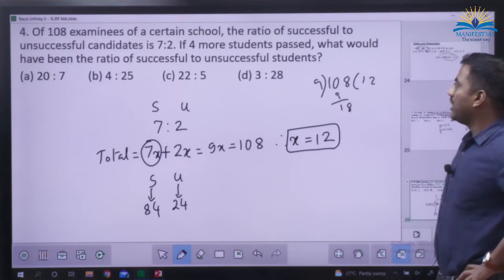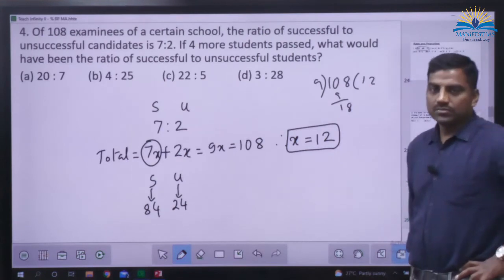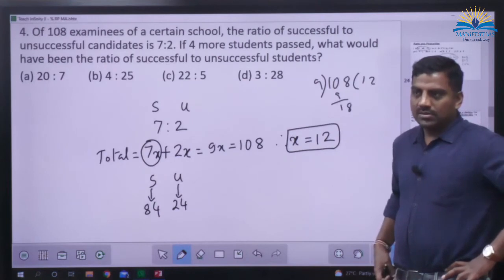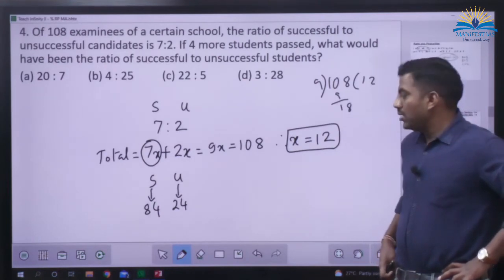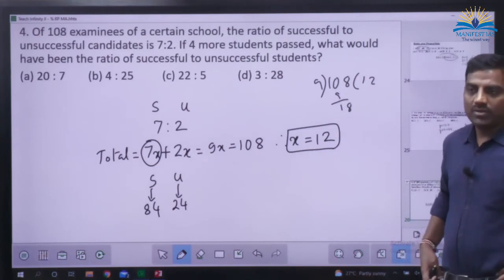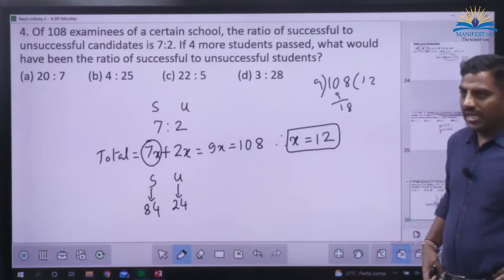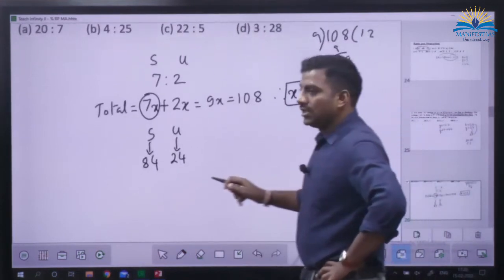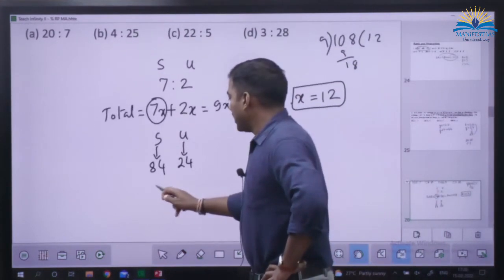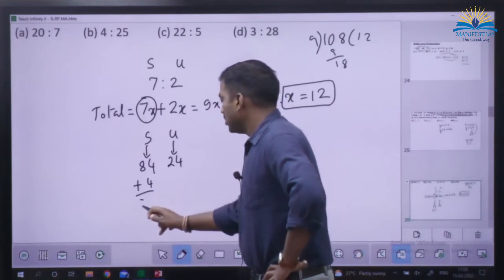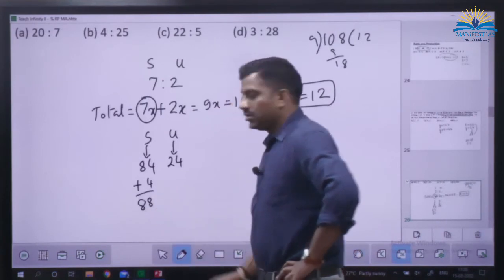Now what is happening? If 4 more students passed, the successful candidates will be how many? 88. So 4 more students passed, you put 4 here, they become 88.